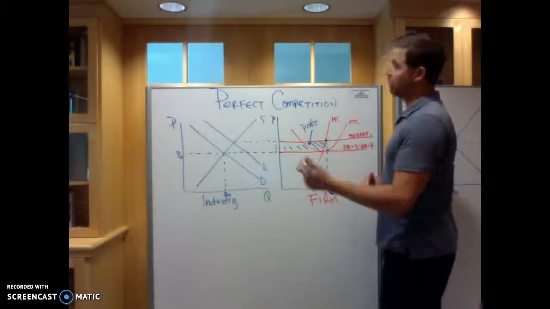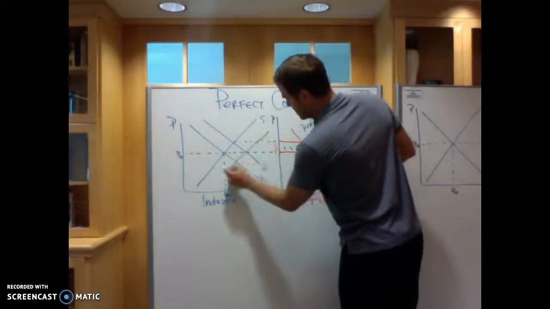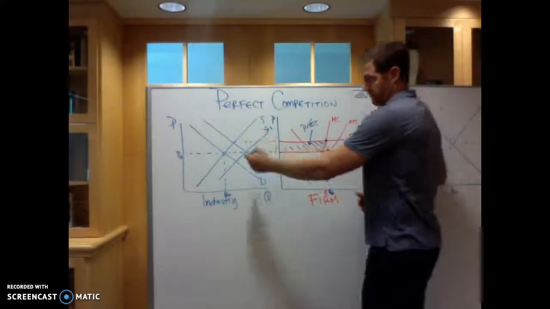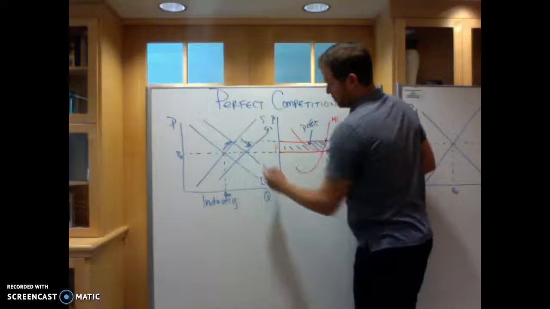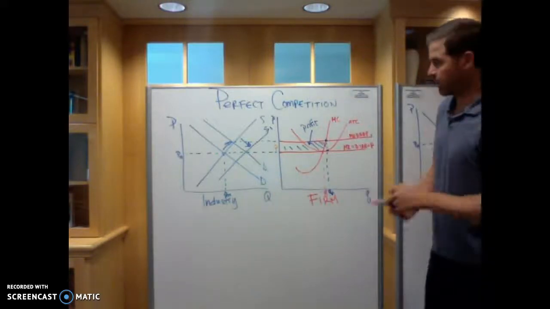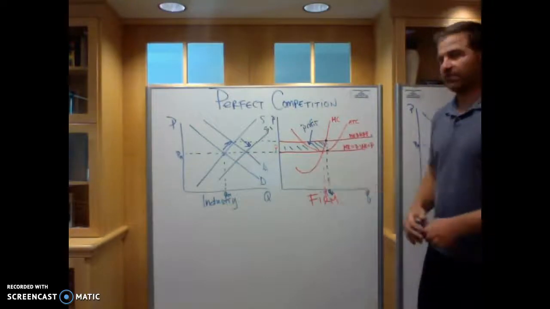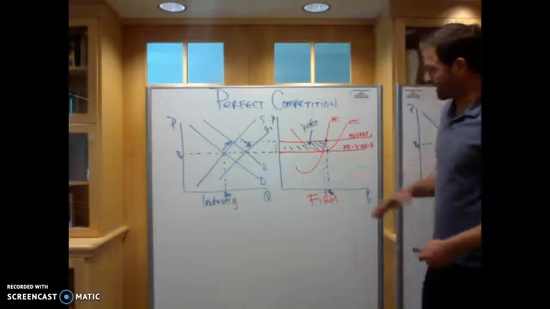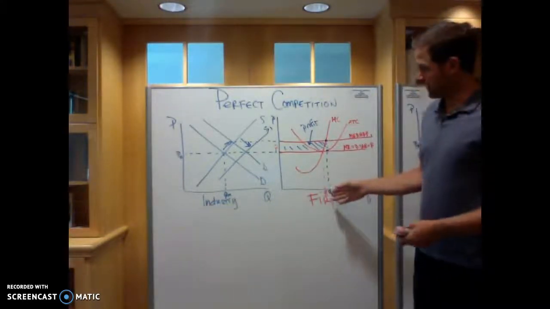Why? Because there's no barrier to entry, and you will have an increase in supply, which will, if you notice what's happened, you had an increase in demand and an increase in supply. It brings the price back down to long-run equilibrium. All of that profit is sort of taken away by these new firms, and you're back at long-run equilibrium. Quantity goes back to the original quantity, right?